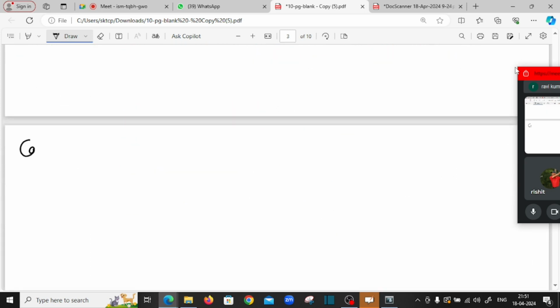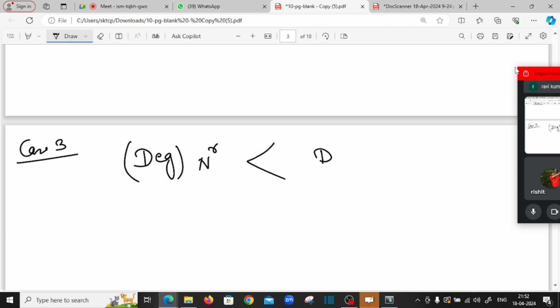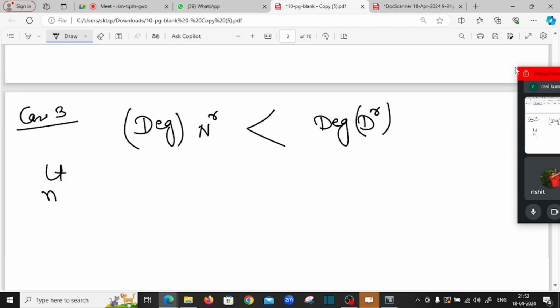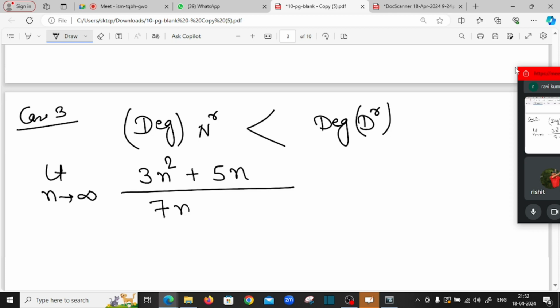Similarly, the third case, case number 3, will be when the degree of numerator is less than the degree of denominator, or you can say the degree of denominator is greater, like this: n tends to infinity, 3n square plus 5n whole divided by 7n cube.